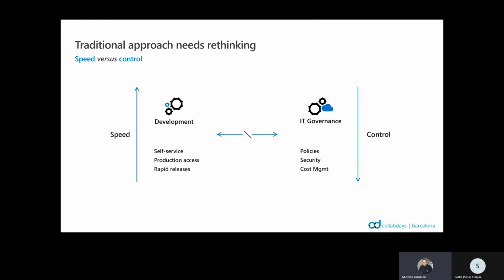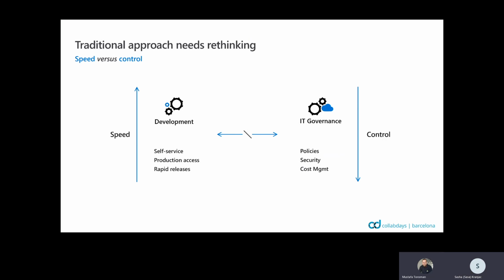People will probably create resources that are not needed, affecting both security and cost. On the other hand, if we enforce those policies, security, and cost management controls, then we are not enabling users to have the speed and efficiency they are seeking.